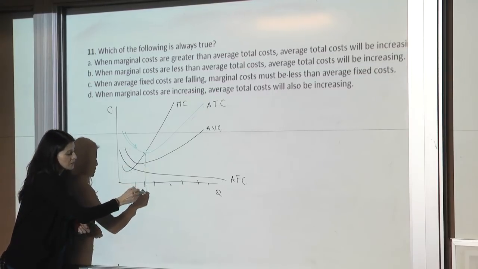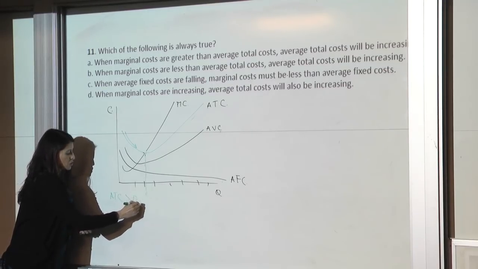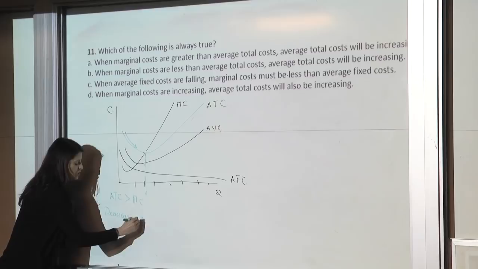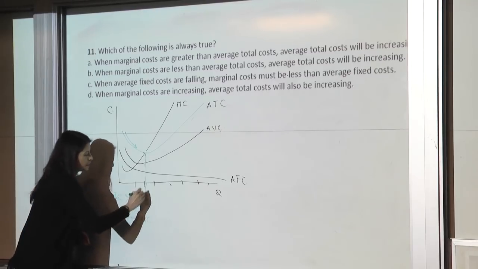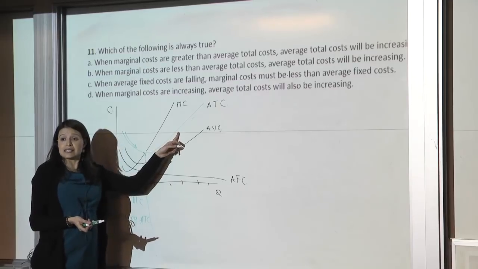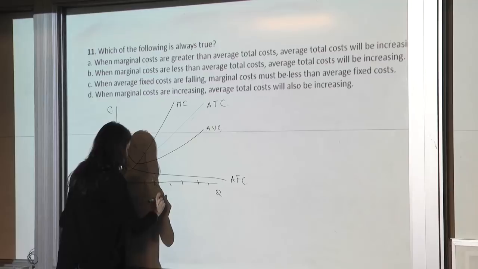So in this part, average total cost is higher than marginal cost, decreasing average total cost, okay? Now, when average total cost is increasing, marginal cost is higher than average total cost.